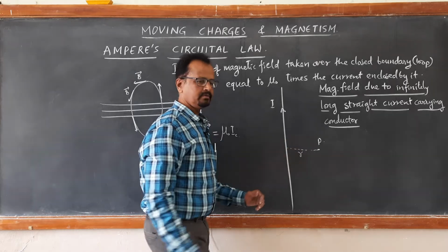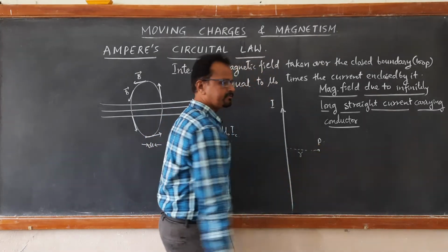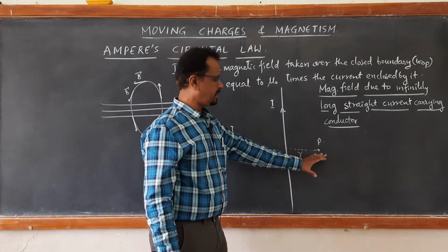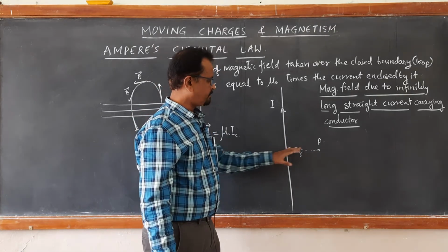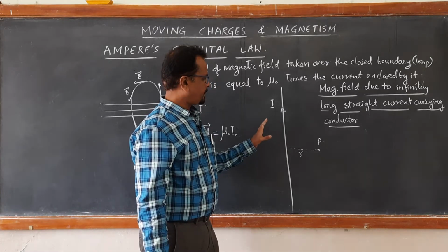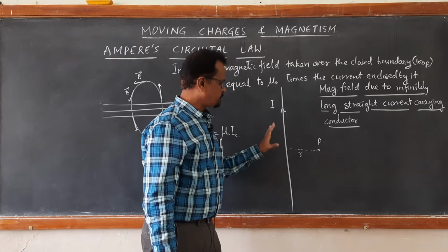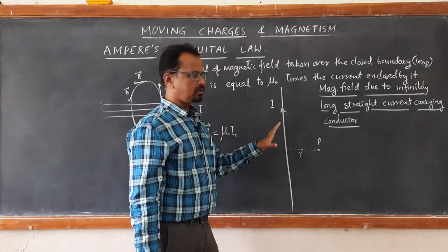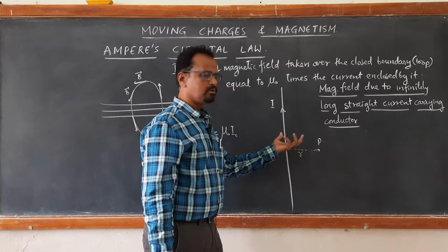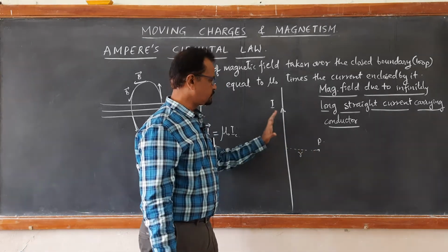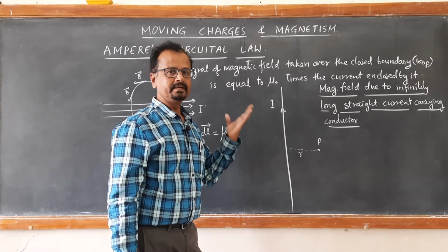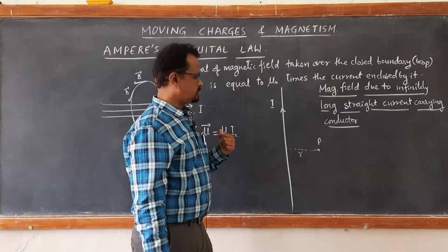One can apply even the Biot-Savart law to find the magnetic field at this point P. The problem is that by applying the Biot-Savart law, the calculation will be more time consuming, and one should know the integration method, complete knowledge of integration.